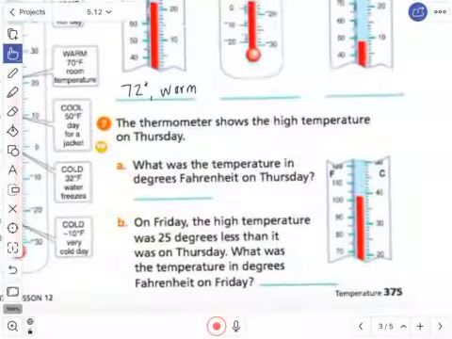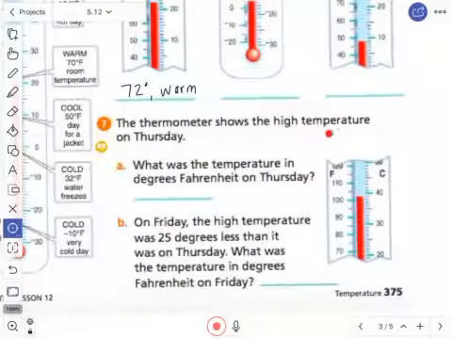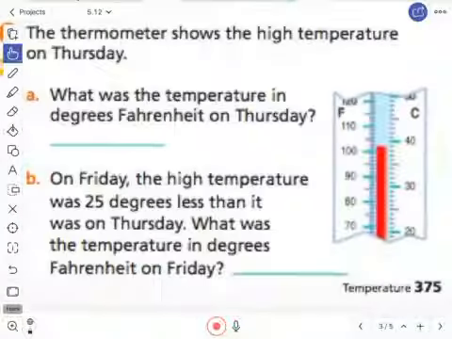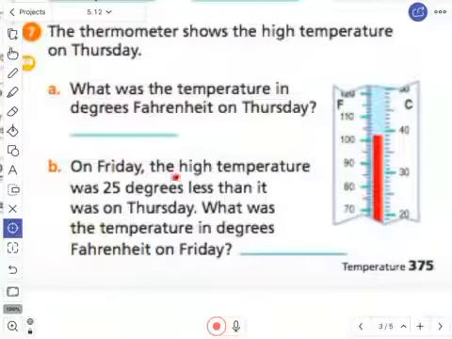Number 7. The thermometer shows the high temperature on Thursday. What was the temperature in degrees Fahrenheit on Thursday? When they say the thermometer, they mean this thermometer. So what was the temperature on Thursday? B. On Friday, the high temperature was 25 degrees less than it was on Thursday.